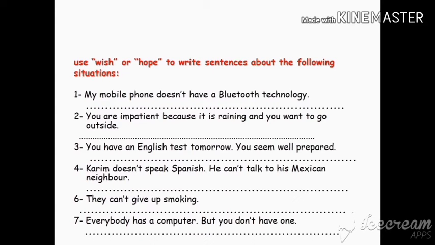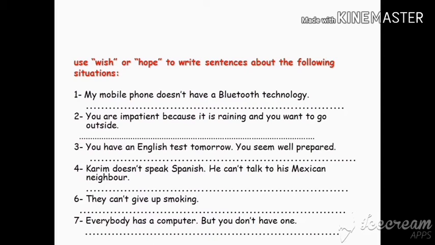Number two, you are impatient because it is raining and you want to go outside. Number three, you have an English test tomorrow. You seem well prepared. Number four, Karim doesn't speak Spanish. He can't talk to his Mexican neighbor. Number six, they can't give up smoking. And finally, everybody has a computer, but you don't have one.